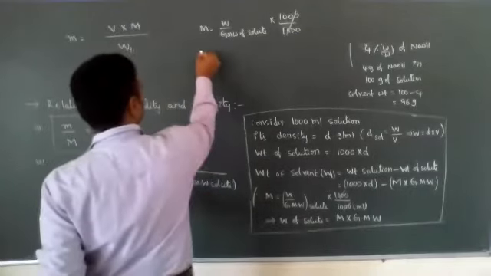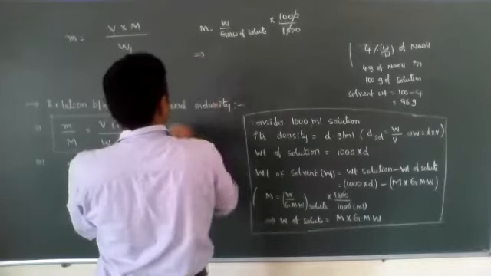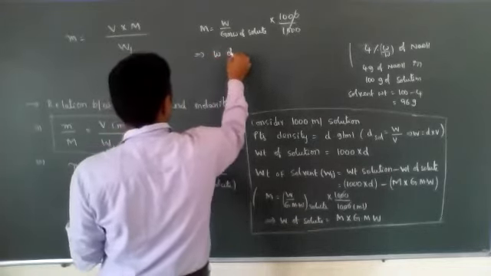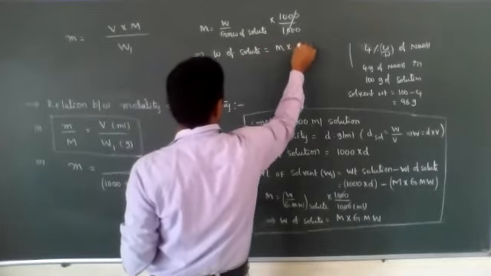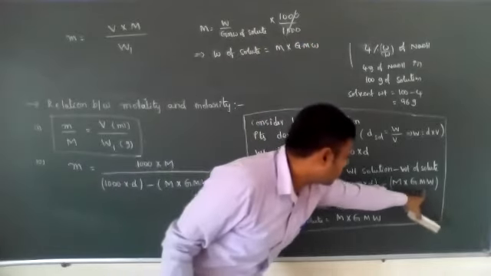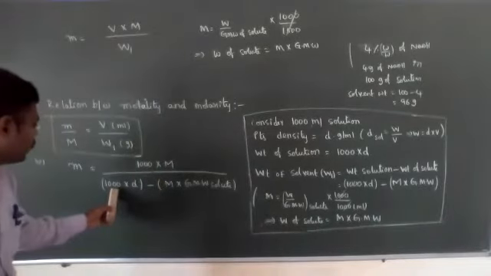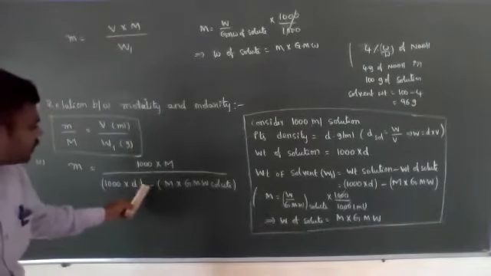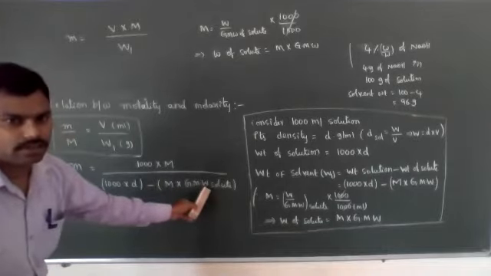So the weight of solute is equal to molarity into gram molecular weight of solute. Now W1 is equal to 1000 into density minus molarity into gram molecular weight of solute.